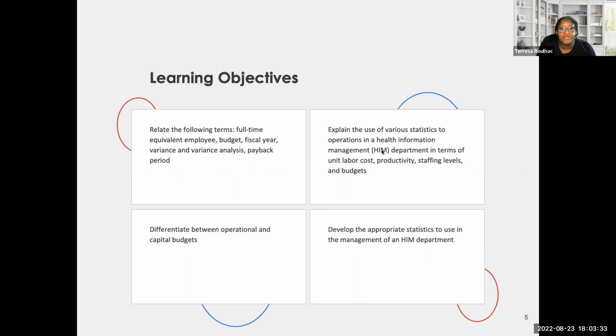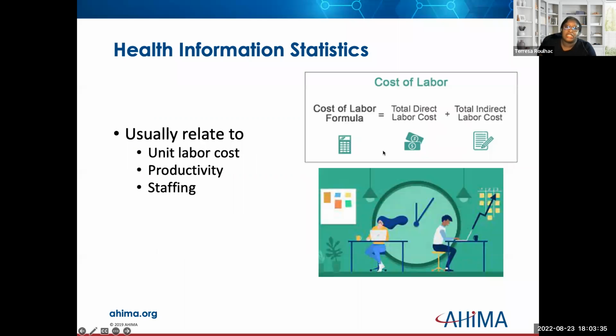Now, health information statistics usually relates to unit labor cost, productivity, and staffing. But you also have your annual compensation for each employee. Now, we calculate that by multiplying the number of hours worked per year, usually 2,080 for a full-time employee, by the hourly wage, and then we multiply that number by the percentage of benefits received.